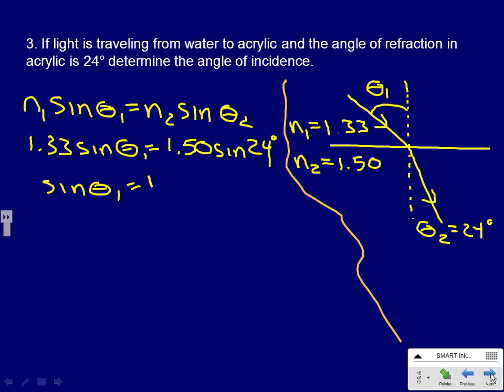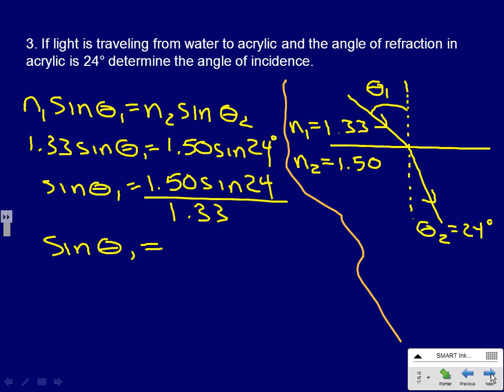Sine theta 1 is 1.50 sine 24 over 1.33. I'm hoping you're rearranging this before I get it on the board. What do we have for the sine theta 1, the decimal value? So we're all on the same page.